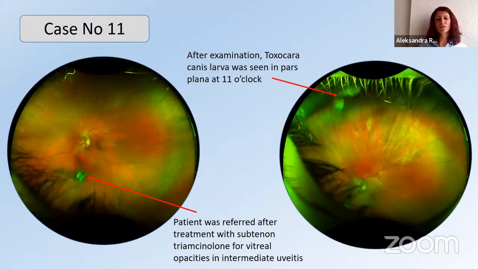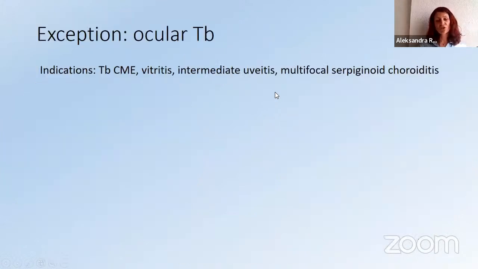The patient received antiparasitic medications and did very well, because in this case the worm is usually dead and the inflammation is just a consequence of particles of larva in the eye. So you can use a little bit of triamcinolone for ocular toxocariasis.